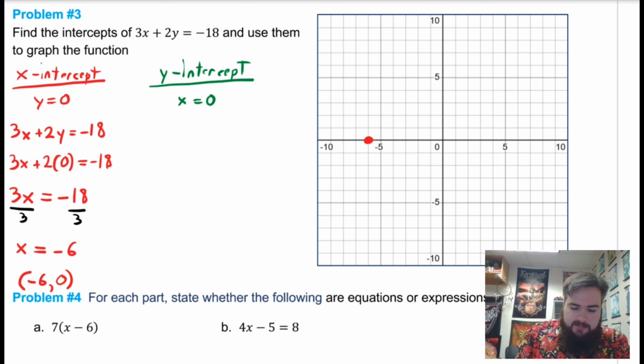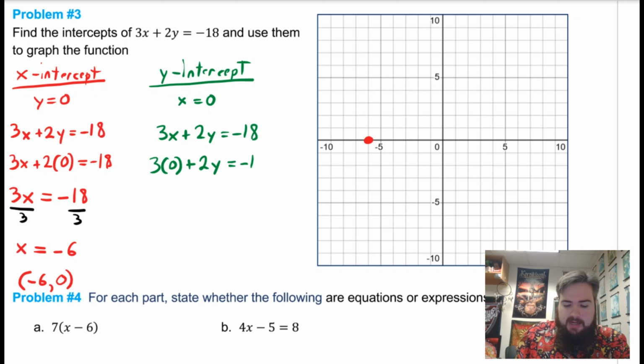If we do that, 3x plus 2y equals negative 18, I can plug in 0 for x, so 3 times 0 plus 2y equals negative 18. 3 times 0 again is just going to nullify out, and that will just give us 2y on the left side equals negative 18. And like before, to get the variable by itself, we will then divide by this coefficient of 2. And that will give us y equals negative 18 divided by 2, which is negative 9.